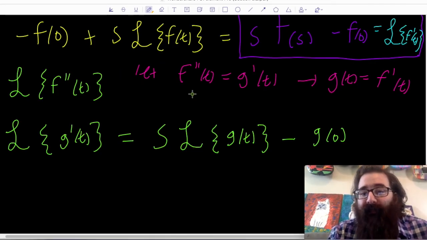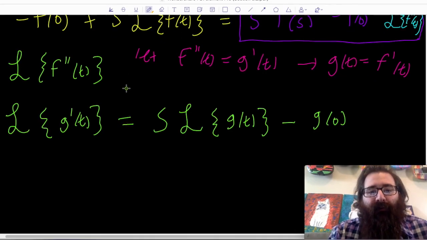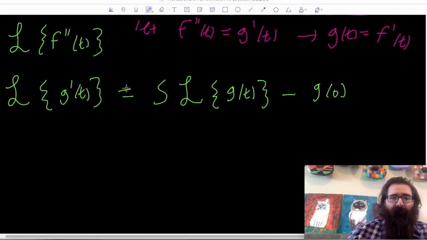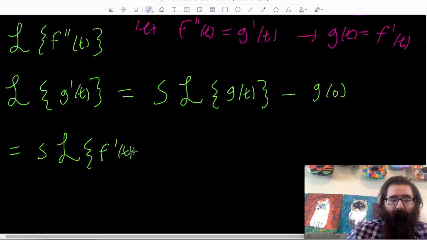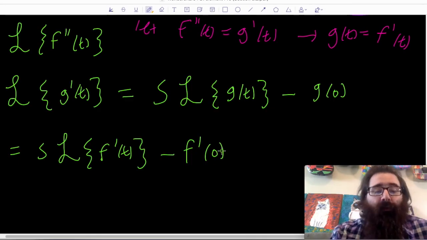But now that I have this first working version, I want to remember that g is actually f prime. So what is this really? If I unravel it further, this would be s times the Laplace transformation applied on g at t, which is really f prime at t, minus, and here g at 0 would really be f prime at 0. Now this is where the magic comes in. I already know what the Laplace transformation of f prime at t is.